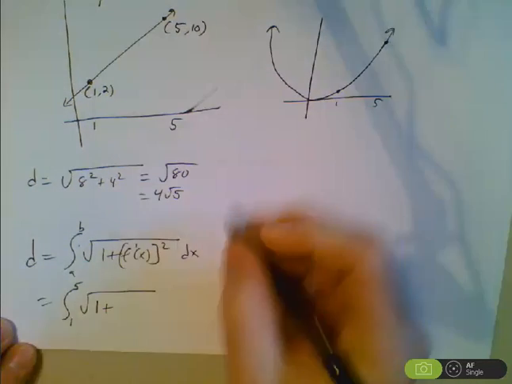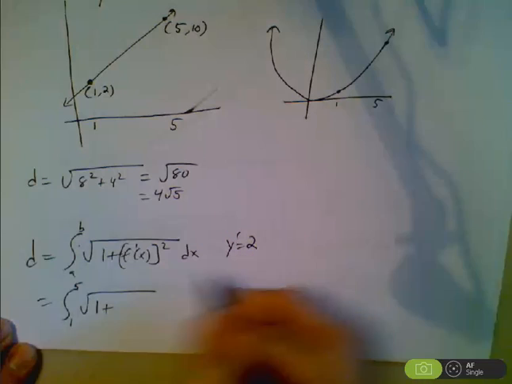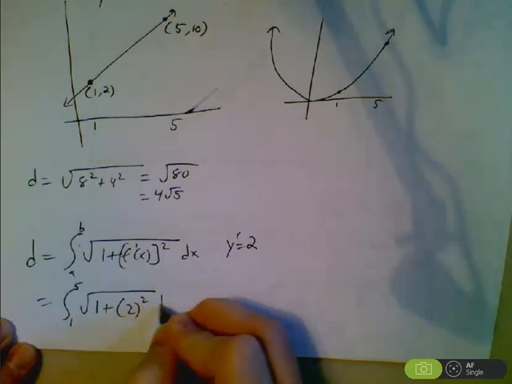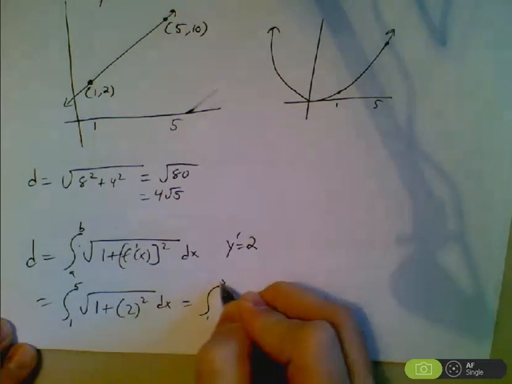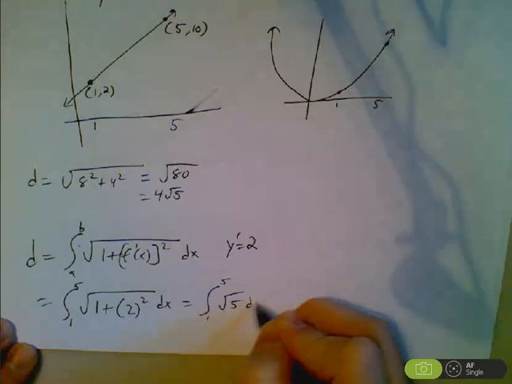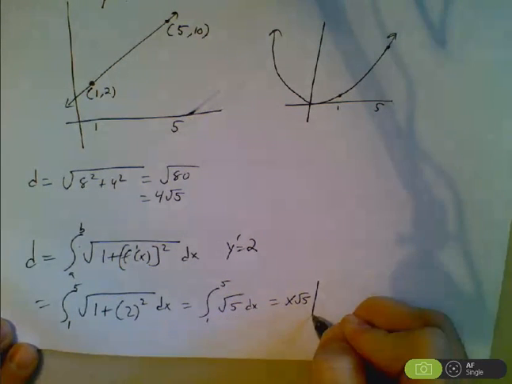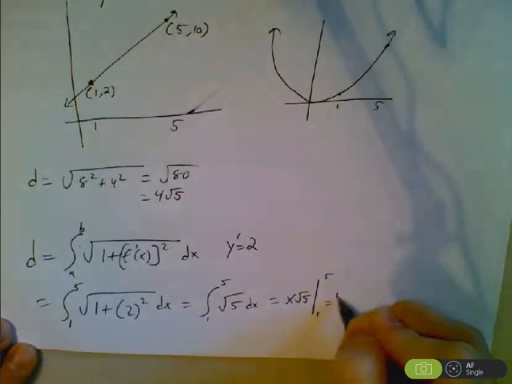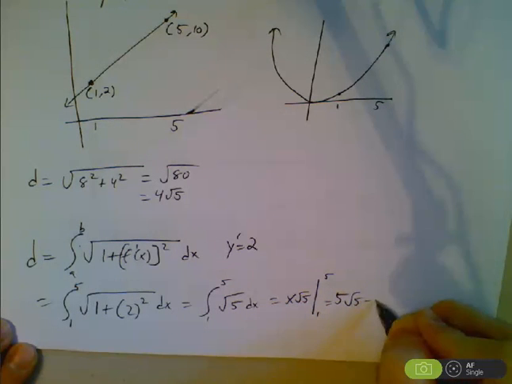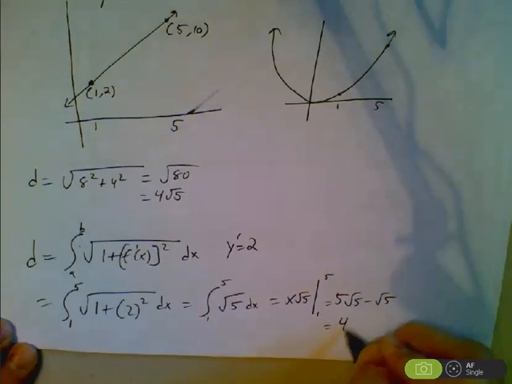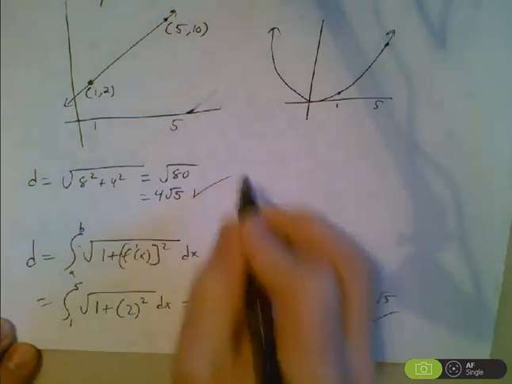Alright, so y equals 2x. y prime is 2. So that's 2 squared dx. The integral from 1 to 5 of square root of 5 dx, which is x radical 5 evaluated between 1 and 5. 5 radical 5 minus 1 radical 5, which is 4 radical 5.